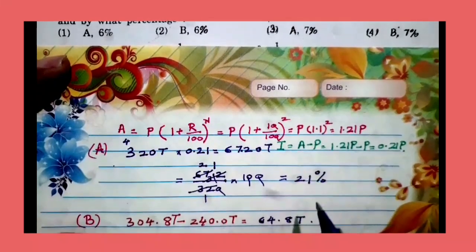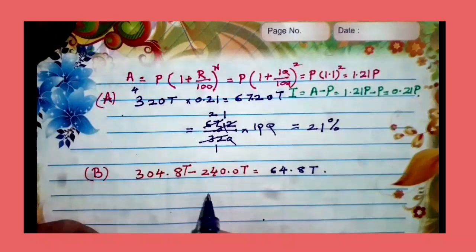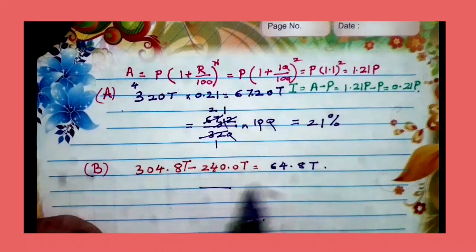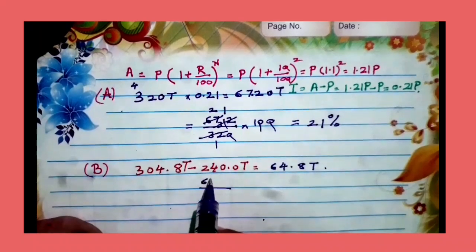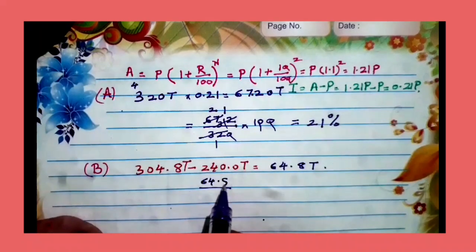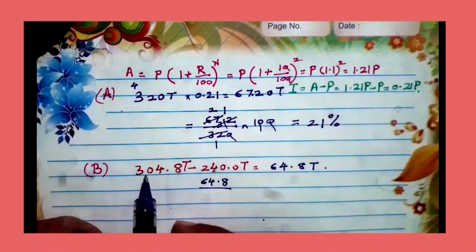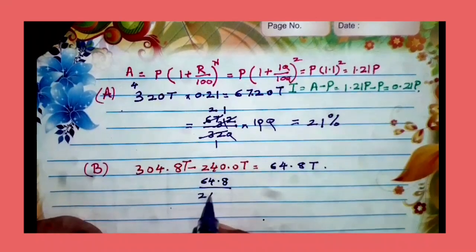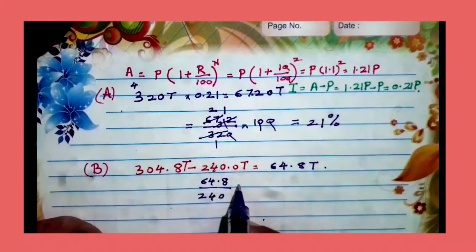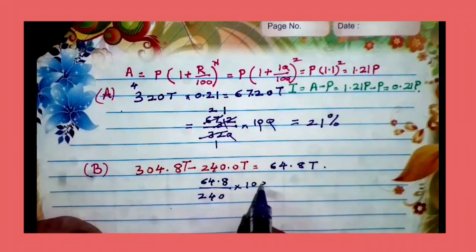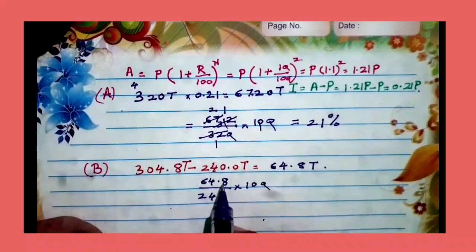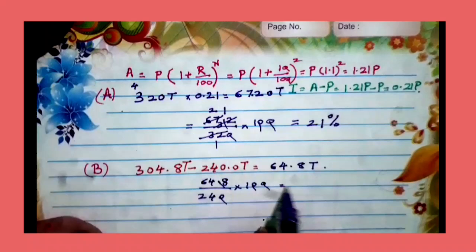There is 21% profit for person A. For person B, their profit is 64.8 upon 2,40,000. This cancels.